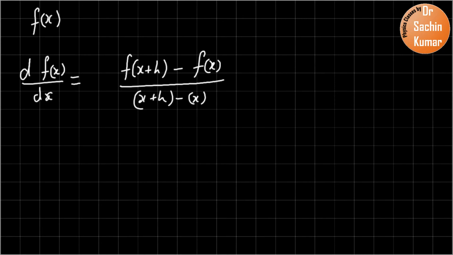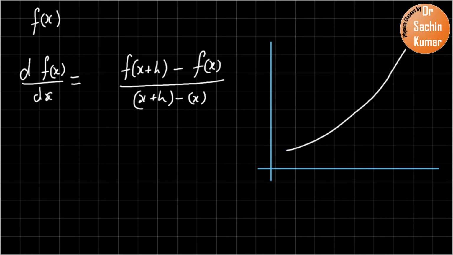So let's see how it looks in the case of a certain graph. Let me plot a graph. I plotted these x and y axes, and now I am considering there is one curve which is not a straight line. Now take one point which is x.